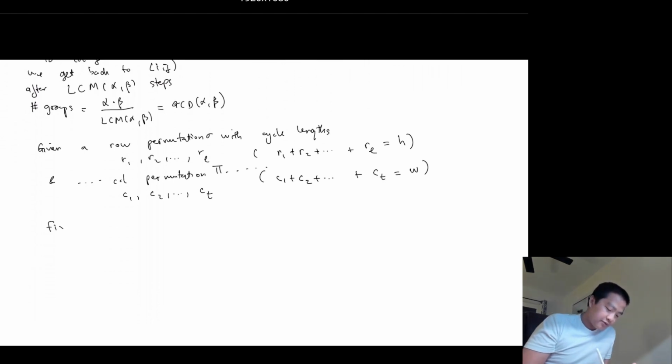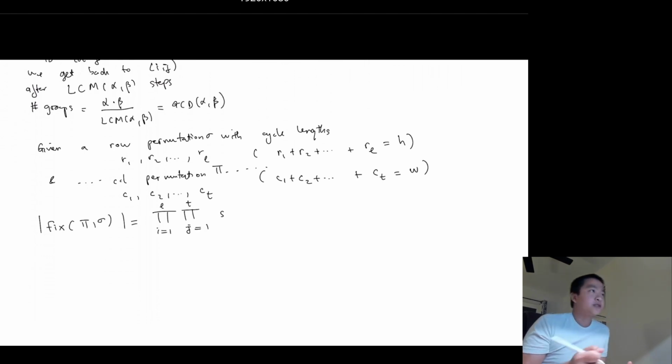The size of the fixed set of sigma and pi is the product over I from 1 to L and the product over J from 1 to T, where each block corresponds to Ri and Cj.